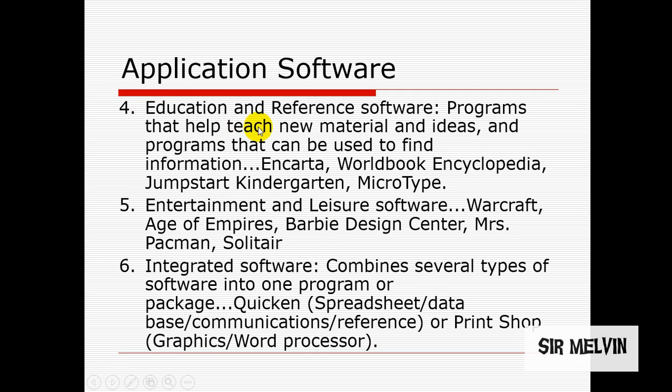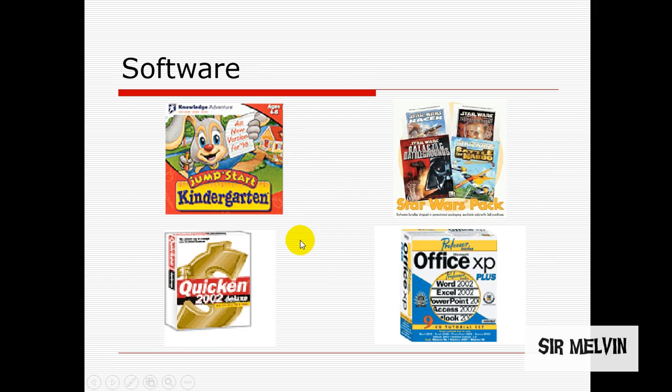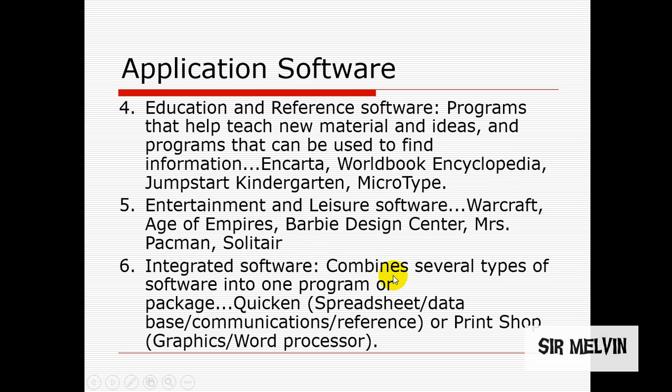Number four, education and reference software, such as programs that help teach new material and ideas, and programs that can be used to find information, like Encarta, World Book Encyclopedia, Jumpstart Kindergarten, and Mavis Beacon Typing. Number five, entertainment and leisure software, such as Warcraft, Age of Empires, Barbie Design Center, Ms. Pac-Man, or Solitaire. Number six, integrated software combines several types of software into one program or package, such as spreadsheet, database, communication, reference, graphics, and word processor.